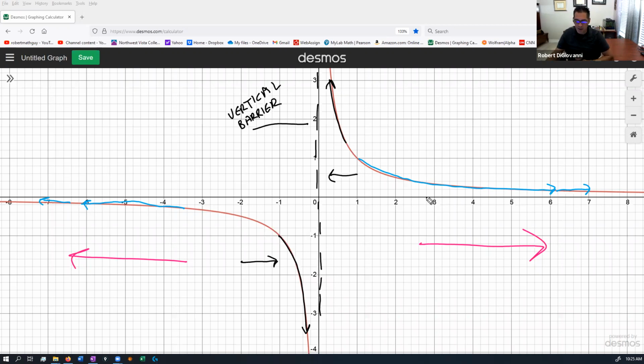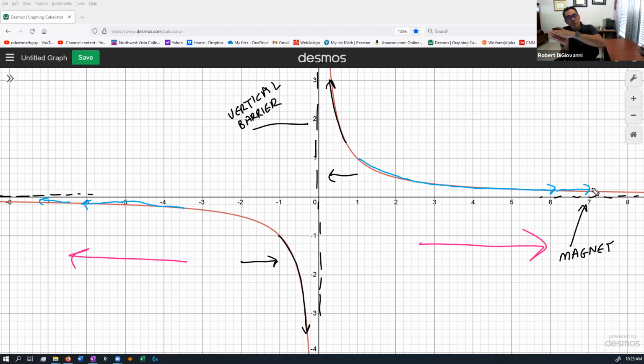And then as we go out to the left and to the right on both sides, it's almost like there's an imaginary line here. This imaginary line is almost like a magnet. I like to think of it as a magnet. You know how magnets pull things together? Your graph is out here and it's getting pulled closer and closer to this magnetic line.